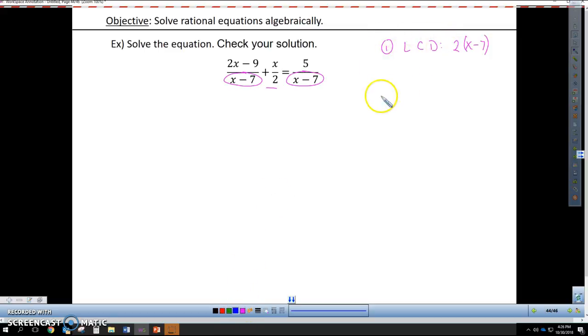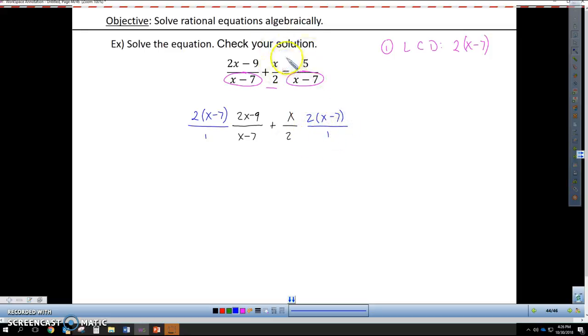Step 2, now we're going to multiply by these values. So I'll multiply 2 times x minus 7 over 1 times this term here, which is 2x minus 9 over x minus 7, plus x over 2, multiplying by 2 times x minus 7.